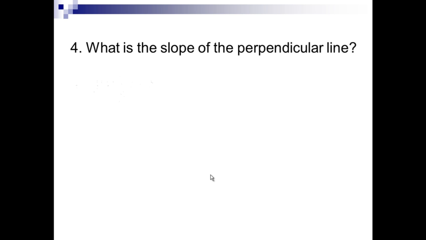Number 4. What is the slope of the perpendicular line? Slope is the same as gradient. A. The slope of the perpendicular line is negative 5/2, because if we multiply 2/5 and negative 5/2, the result is negative 1.